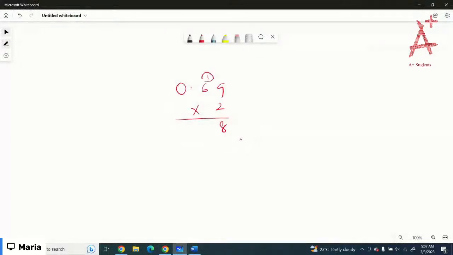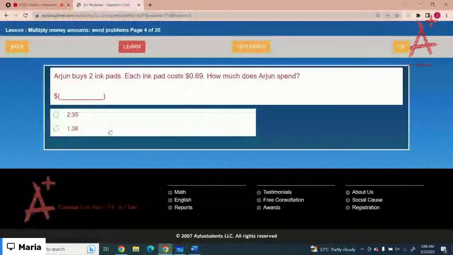Write 8 over here and carry 1. 2 times 6 is 12 and 1 is 13. So put a decimal point 2 places left. So move it from here to here. It would be 1.38. Yes, very good. The correct option is 1.38. Very good, everyone.